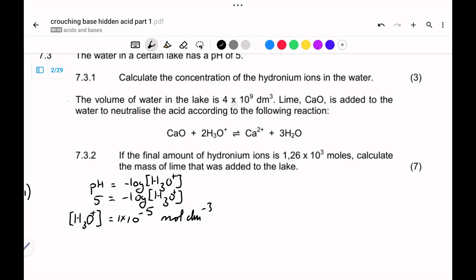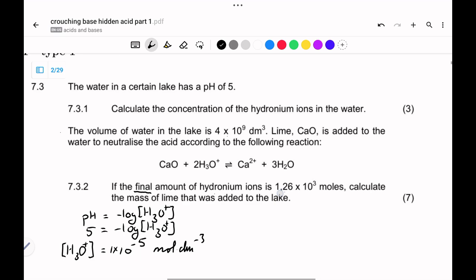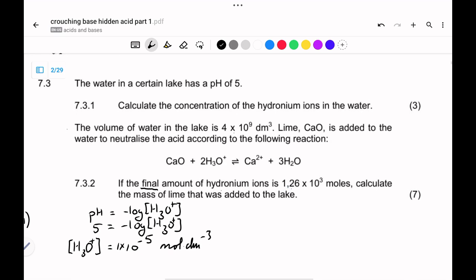Right, so we're given the volume of the actual lake, and we're told now, given some final information, it's about these hydronium ions again. So let's take stock of what we have. We have this information, which we've used, about the pH, and this relates to the initial state.